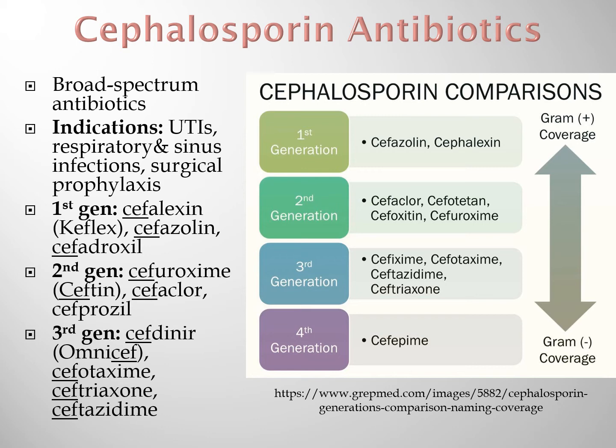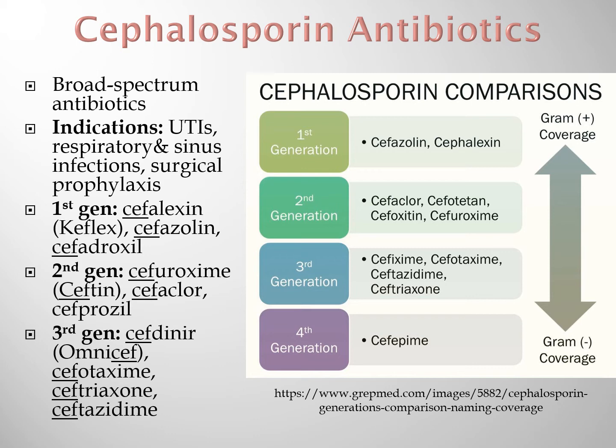And over time, there have been developed 4, and I think actually now 5 generations of cephalosporins. And so depending on what generation the cephalosporin is in, will kind of help determine what we use it for. Okay, so let me give you an example.